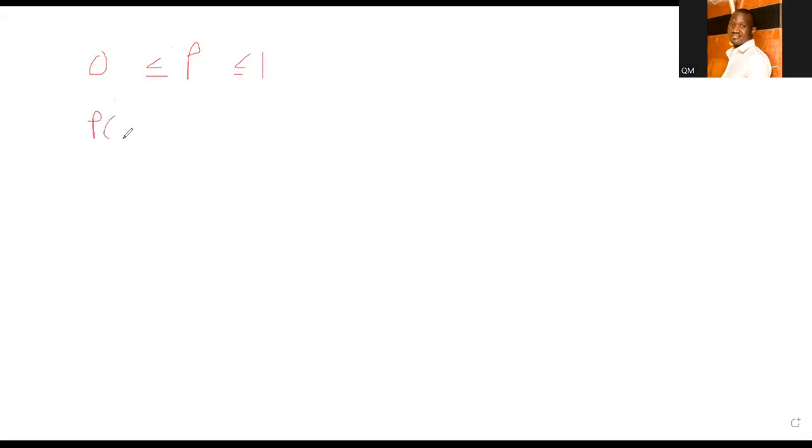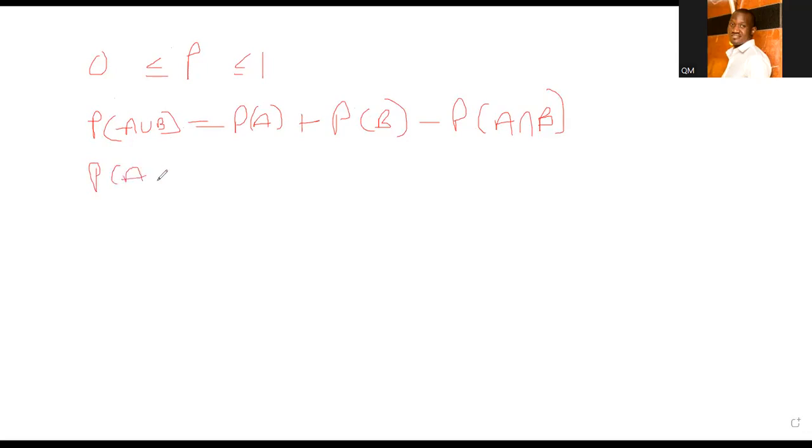To unite is to add. The probability of A union B is simply the probability of A plus the probability of B minus the intersection of A and B. So if you want to make A intersection B the subject, how does it become?